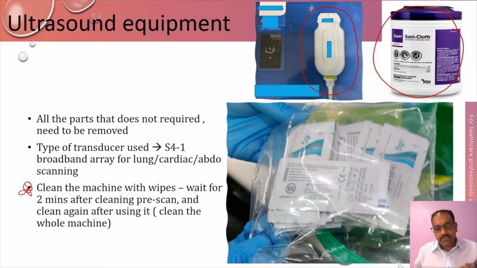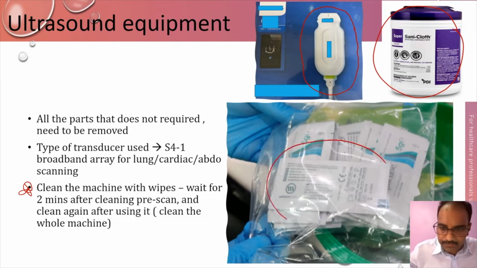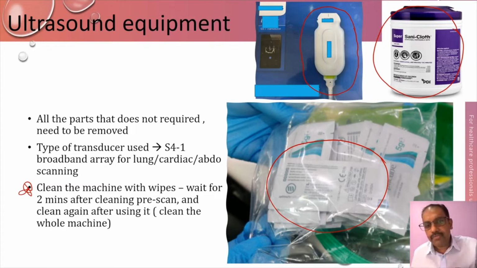And whenever I go inside to scan a patient, most of the time this patient will be a SARI patient or COVID patient, I will bring in a few packets of lubricant gel. But if you don't have lubricant gel and you have a bottle of gel, you can refill this gel into a 10cc syringe, bring it inside and discard that syringe once you use it. So the only two pieces of equipment which will be going in and coming out with me are the ultrasound probe and the phone or the tab that I'm carrying with me, which I'll be cleaning pre and post.